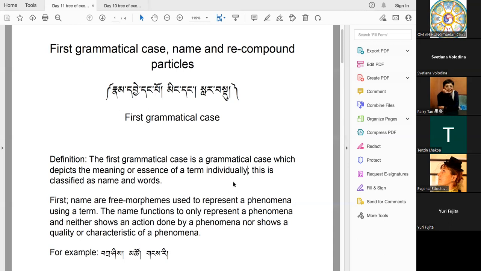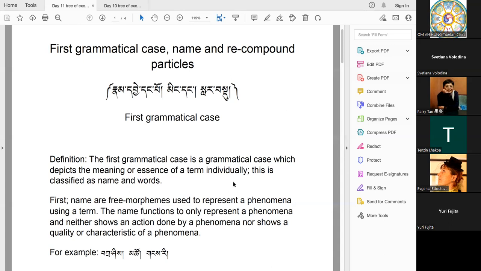That's the reason why we say individually, because it is the negation of every other phenomenon which is not a chair. So when we say anything, for example, a vase, what is a vase? We can normally say a vase is a vase, and that's one way to define it.